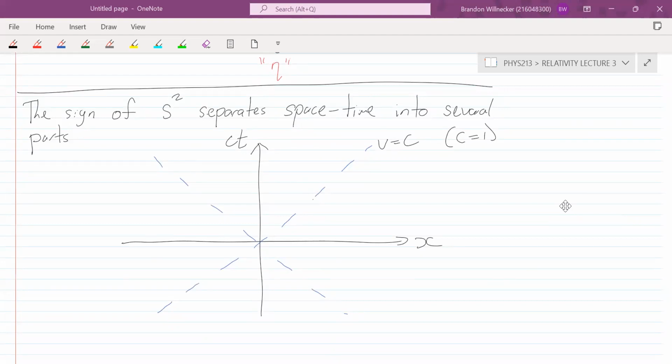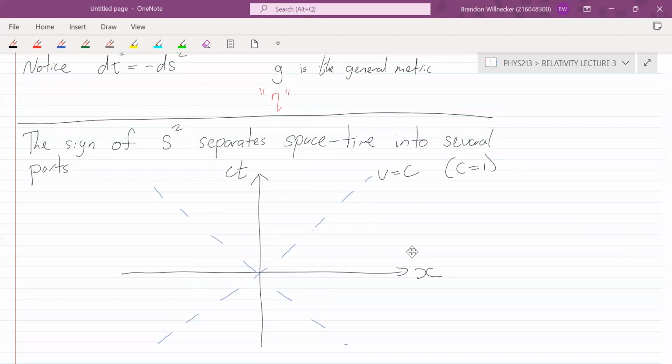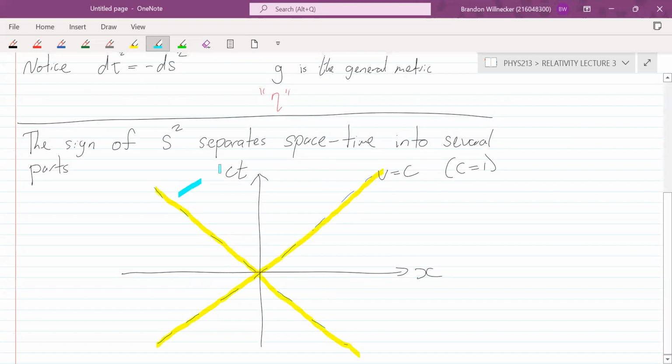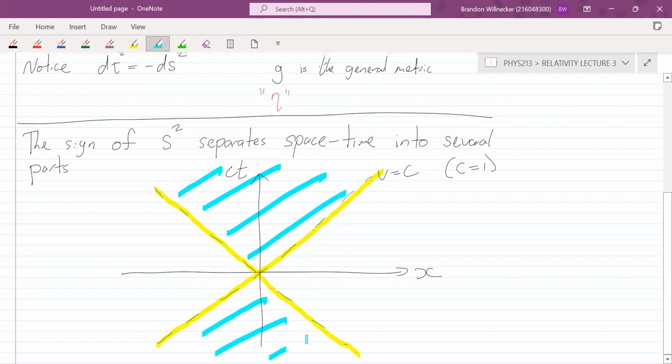Now, this splits up our space-time. So we have these lines here going like that. We've got this portion over here, and we've got this portion over here.